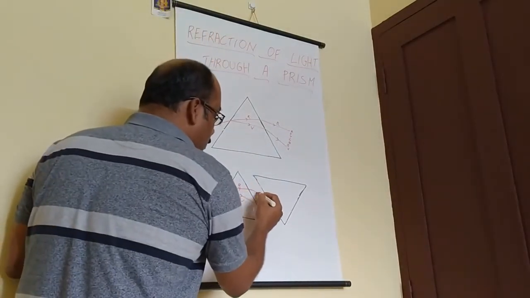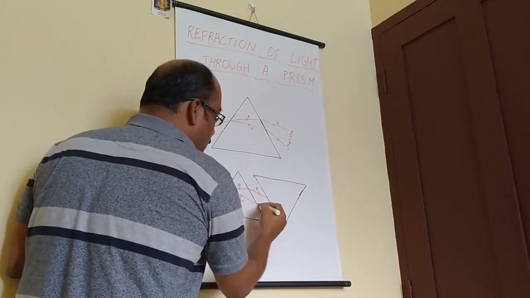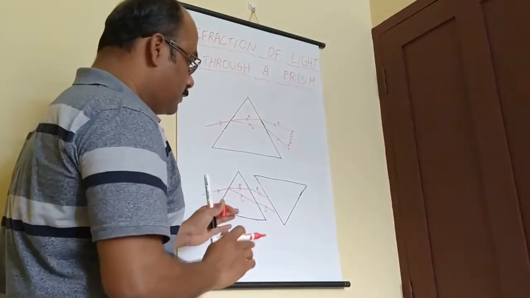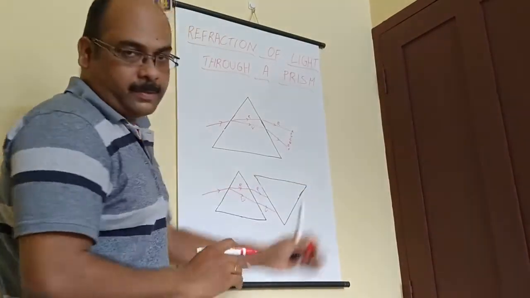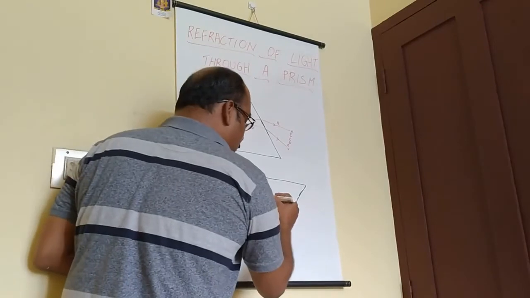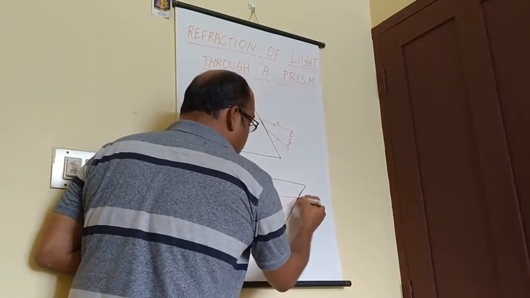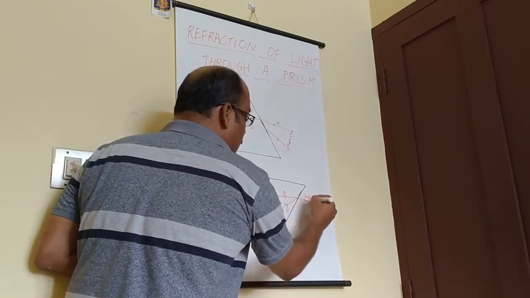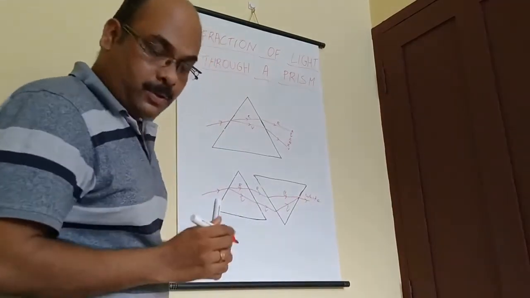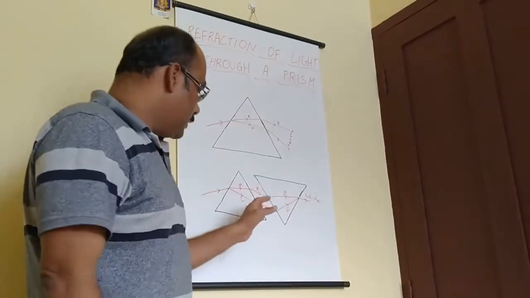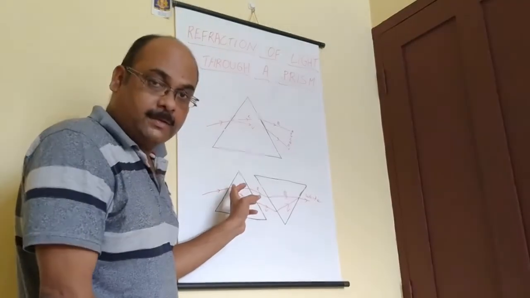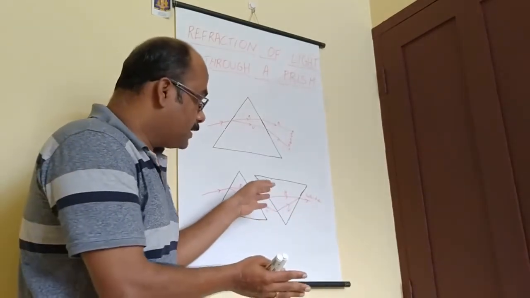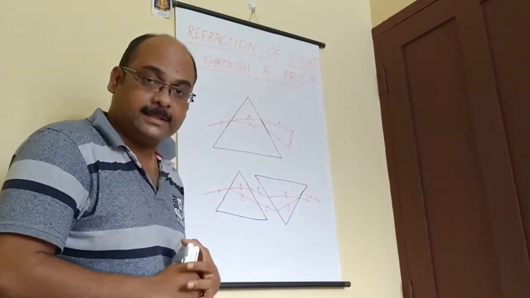Then he allowed all these colors of light to pass through another prism. And what he observed, after refraction, was that it emerged as white light. So he has shown that with a prism we can split the white light into different colors, and by using another prism all these colors will join to form white light.